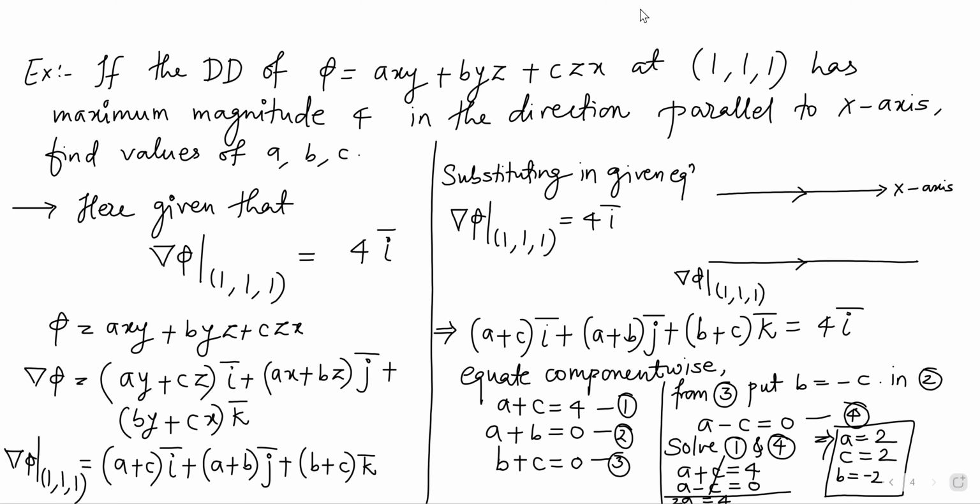So one can frame several questions again for finding out the a, b, c. It doesn't mean that every time such a simple expression will be given, but then it's good. Here it is parallel to the x-axis, so we are considering it as 4 i bar. It can be parallel to the y-axis or the z-axis.